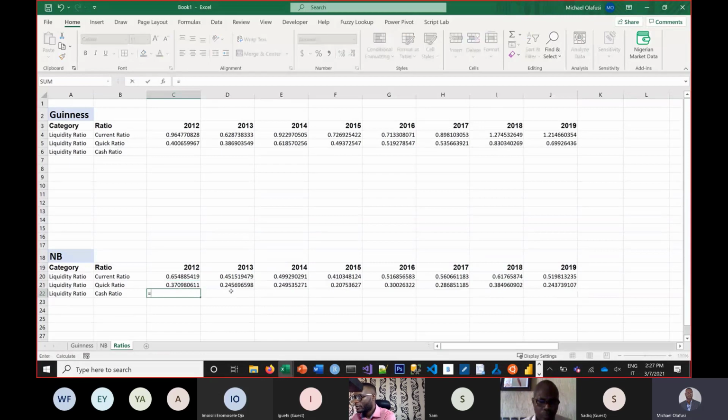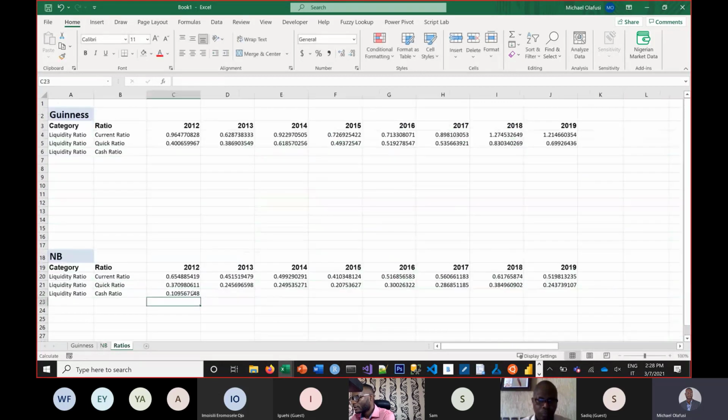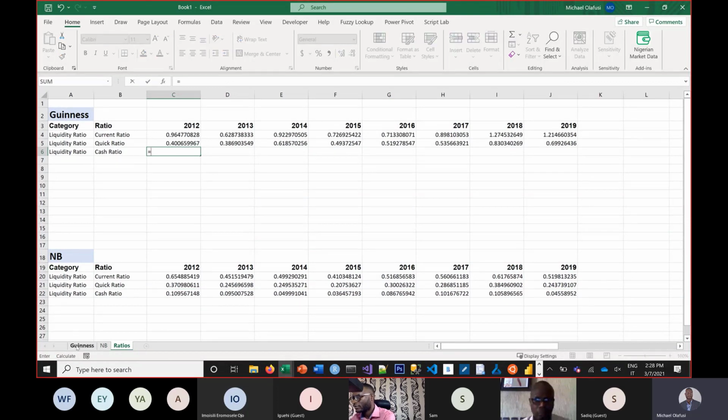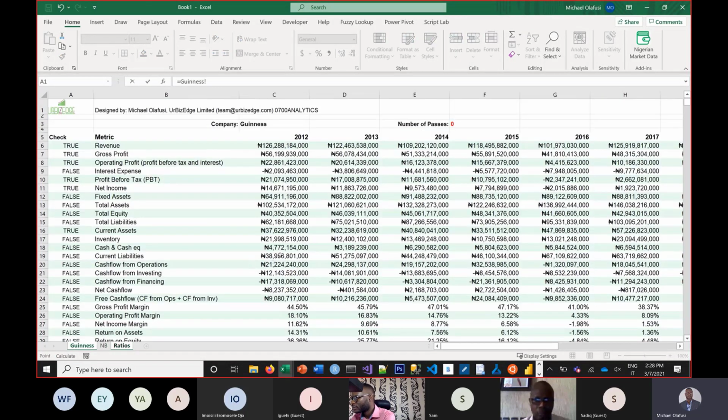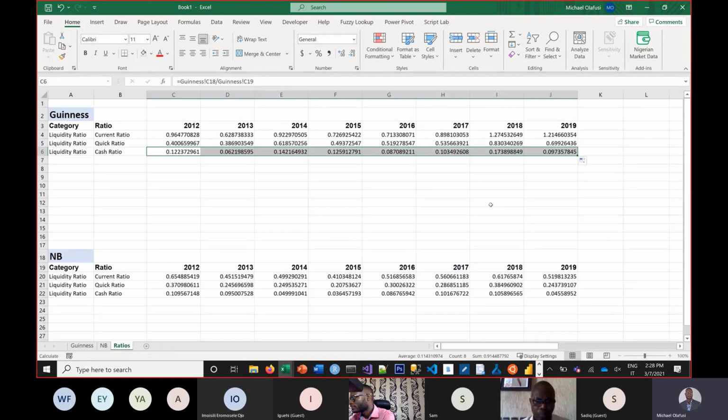And I'm going to do likewise for the cash ratio. Liquidity is cash and cash equivalents. Okay, that's correct. Divide by current liabilities, and drag all the way to the end. I'm going to do likewise for Guinness: grab the cash and cash equivalents, divide by the current liabilities, and drag all the way to the end.